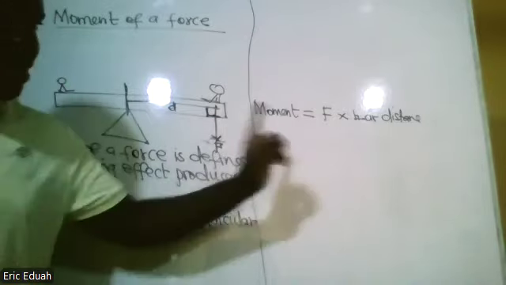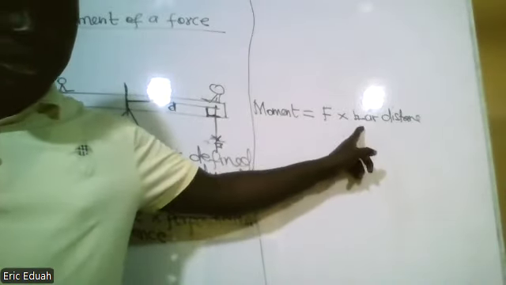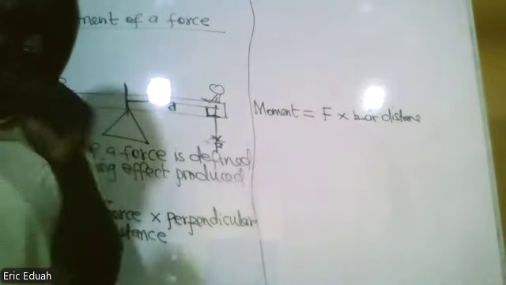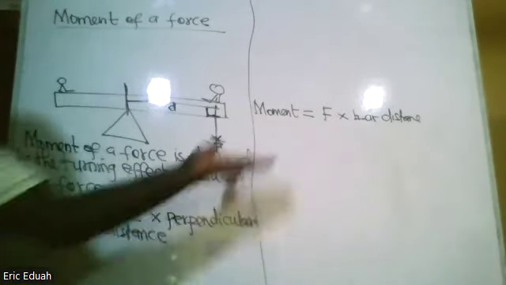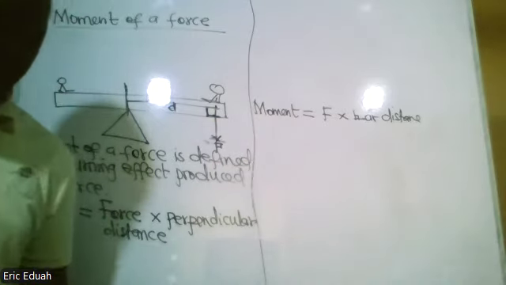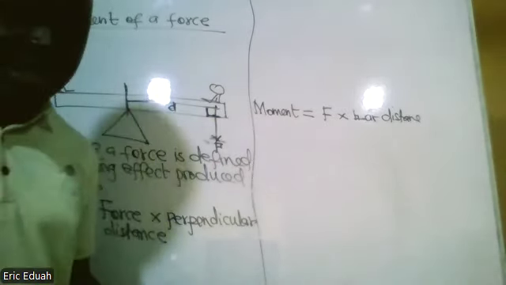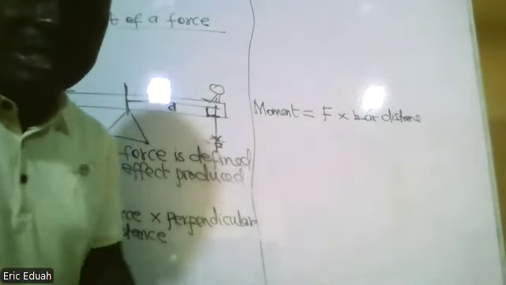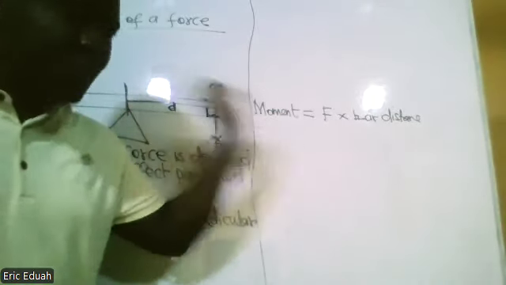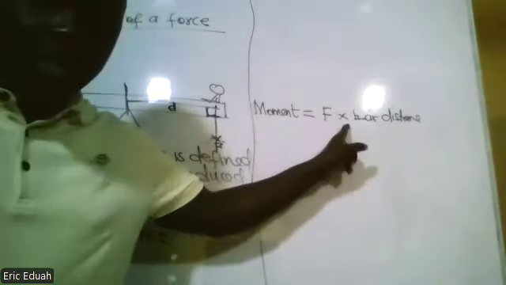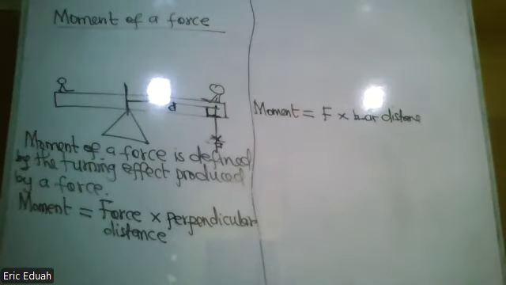If this peculiar relationship is not there, then moment would just be the same as work done, because work done is also force times distance. For work done, we are looking at just distance, the product of the two. But for moment, we are careful. We are always looking for the perpendicular distance to the force, or perpendicular force to the distance. So this is how to measure moment.